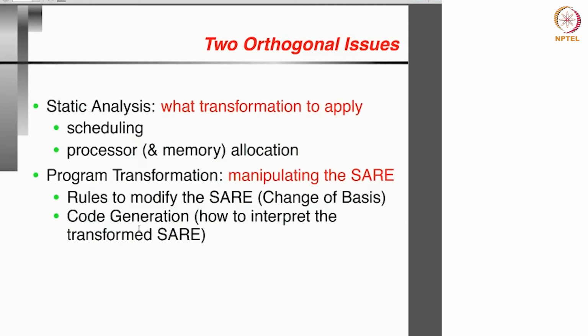And we saw how to produce code at the end. And we also saw how, starting with a sequential program, you could deduce what the equations were. And I said I'm going to brush under the carpet how to choose the transformation. Today I'm going to tell you just a little bit about some part of the transformation.